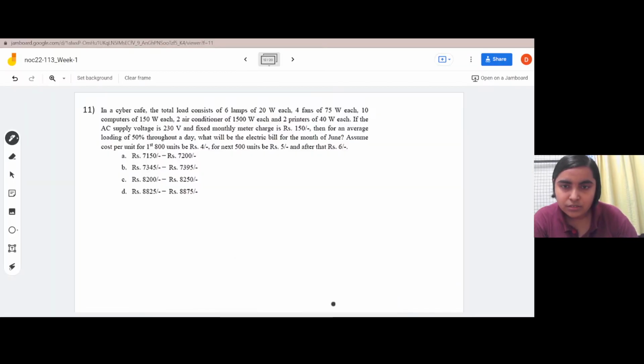So could you guys try this one? So first step is calculating the total consumption. There are 6 lamps of 20 watts each, plus 4 fans of 75 watts.